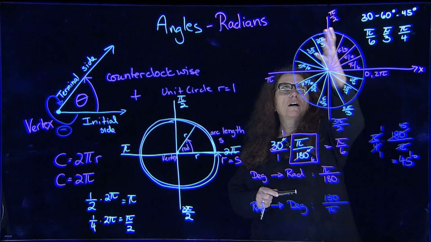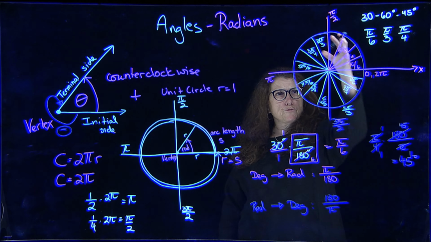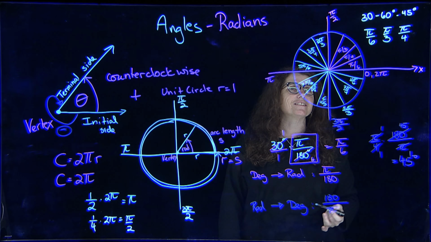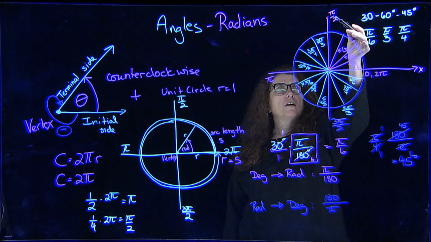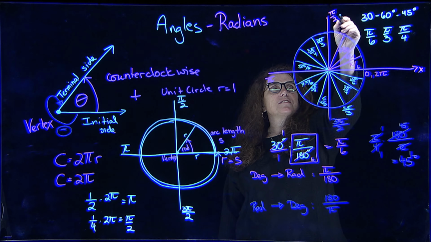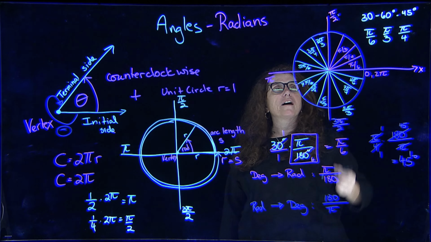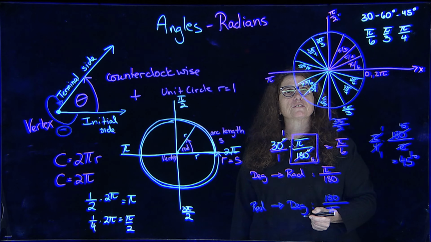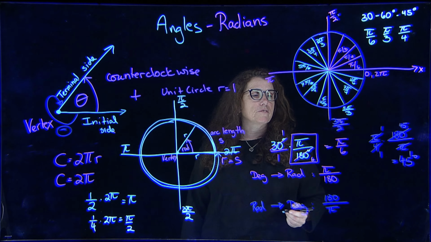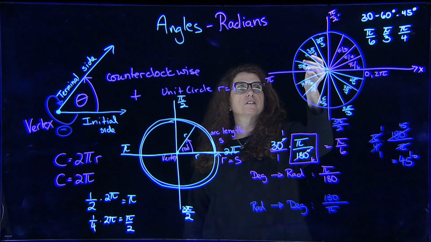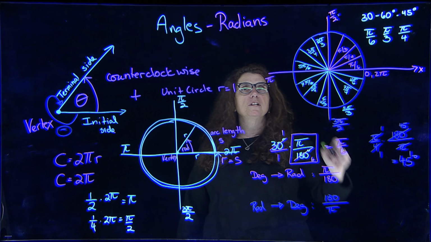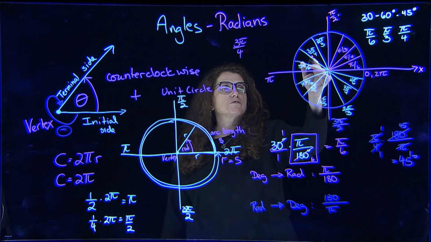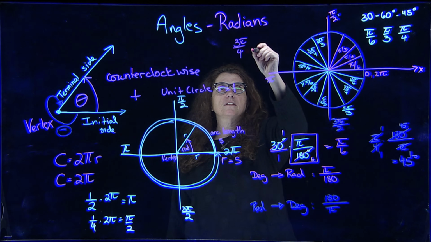So here I drew the unit circle with all the radian measurements in each quadrant. 90 degrees is the equivalent of pi over 2. Now let's just take one radian measure in the second quadrant and convert it to degrees. I have a little room here. We have 3 pi over 4, and I want to know, okay, what is the degree value of that?